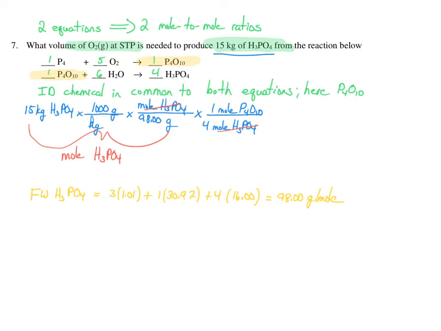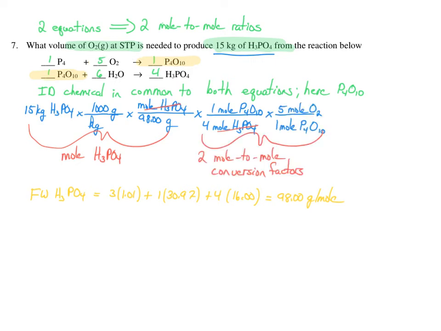The next step is to relate P4O10 to the chemical of interest, namely O2. So here we have two mole-to-mole conversion factors. The first is going to relate the amount of the chemical that we're given to our common chemical.